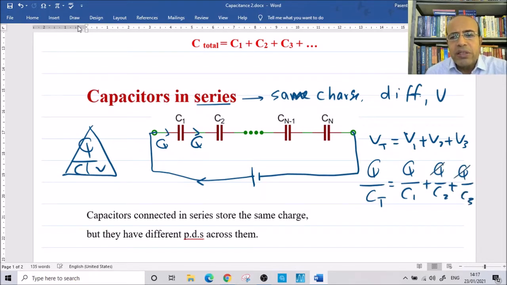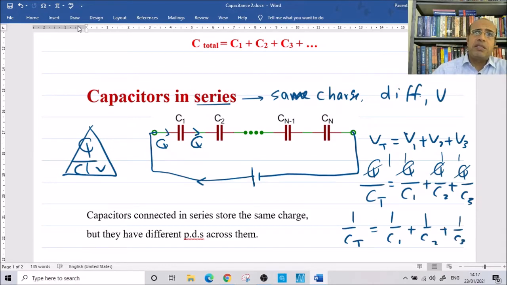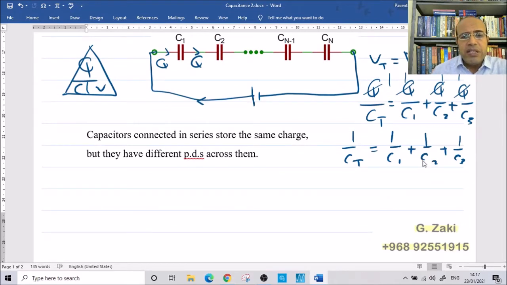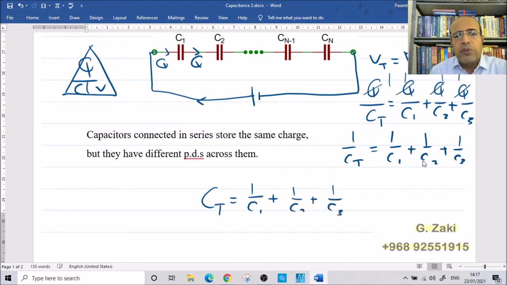We can cancel Q with Q and replace them by 1. We will get 1 over C total equals 1 over C1 plus 1 over C2 plus 1 over C3 and so on. We can rewrite this as C total equals (1 over C1 plus 1 over C2 plus 1 over C3) all to the power -1.